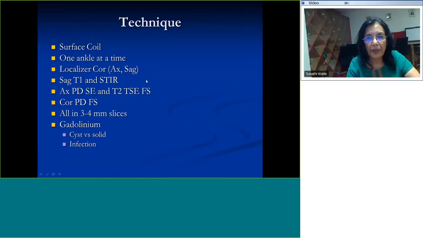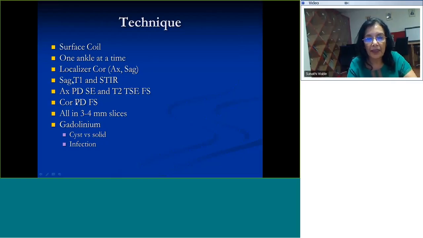Typically, you want to use a surface coil. Usually, you get a knee coil with a kind of a chute to put in the foot. For T1 weighted images, you want to get at least one sequence of T1 weighted images in one plane, because bone marrow evaluation is critical in ankle and foot images, because you can get many bone marrow abnormalities, as you know, ankle and foot being more prone to trauma.